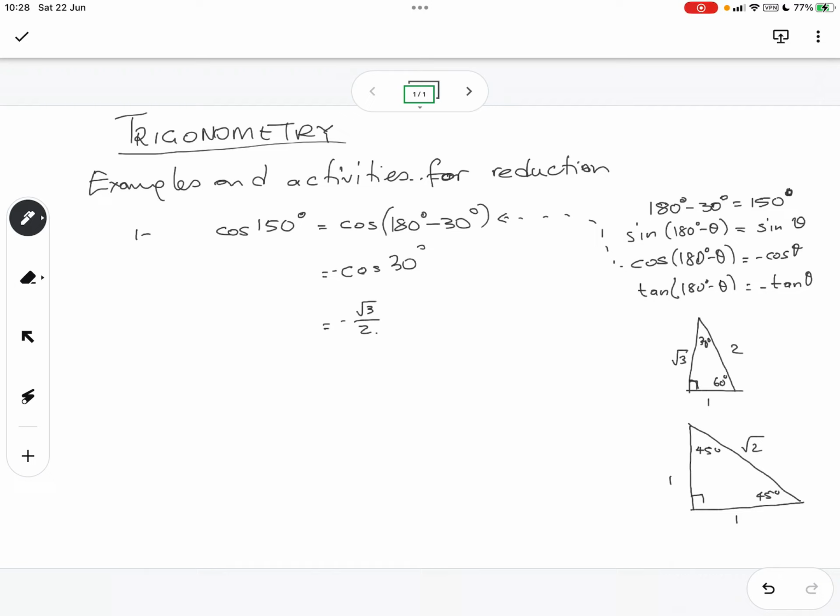Wait, did I not share this Jamboard with you? Let me just share it. Because I thought I shared everything. Oh, okay, it's not shared.